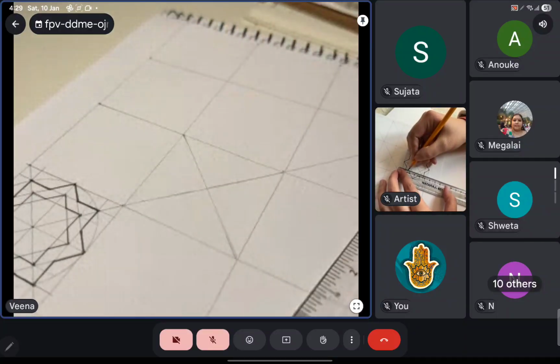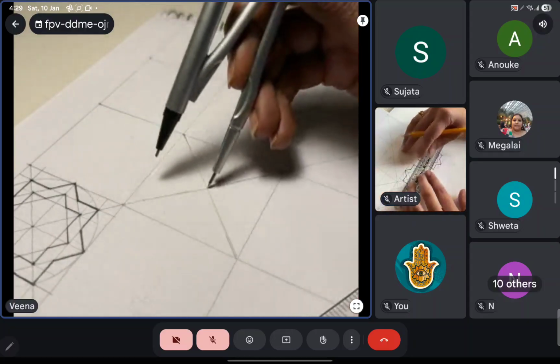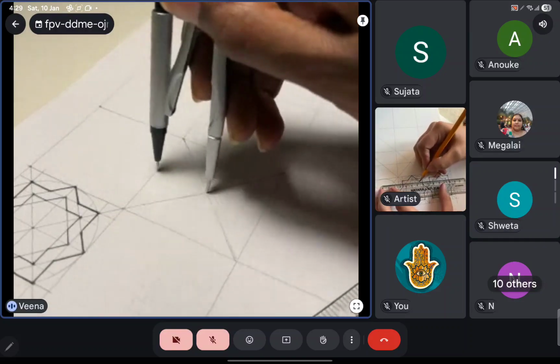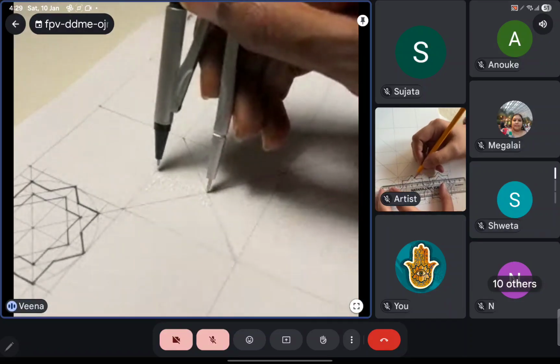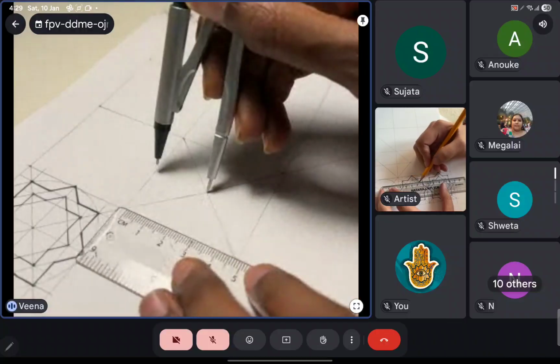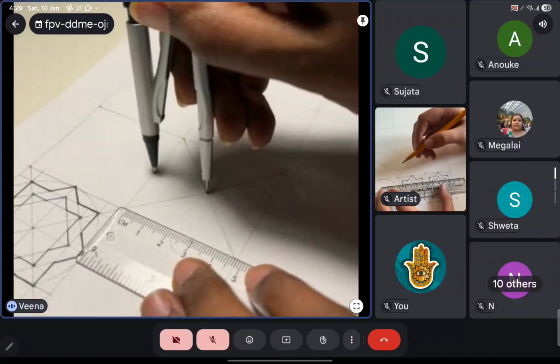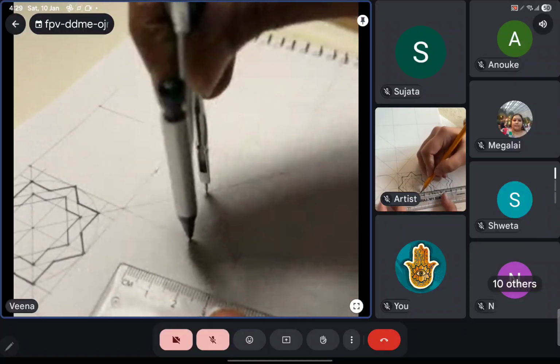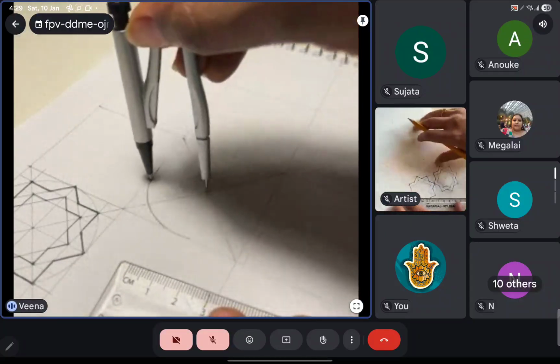Okay. And then we'll take our compass. And the measurement will be the square, right? So because the square is 5 centimeter, our circle's radii would be 2.5 centimeter. Just take the square as the guide.